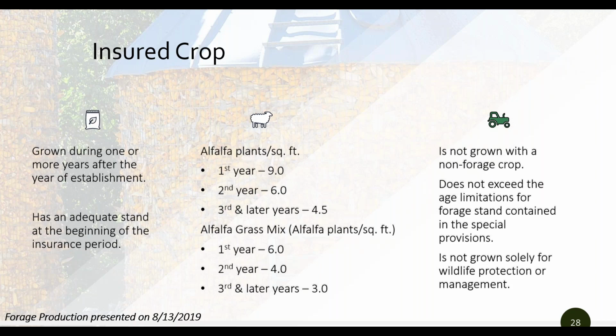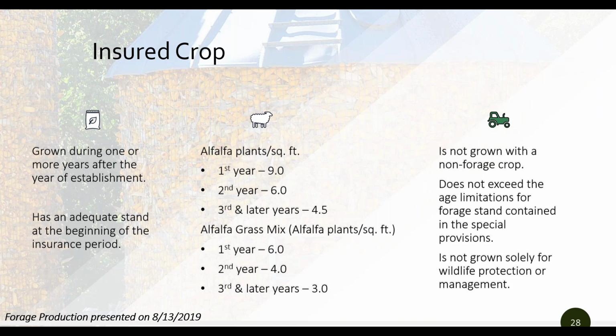Well, an adequate stand for pure alfalfa or an alfalfa mixture that's more than 60% of the ground cover, the first year after the year of establishment, you go out and measure so many square feet, divide it out, and if you come up with at least 9 plants per square foot of alfalfa in that first year, it's insurable as alfalfa. The second year, 6 plants per square foot, and the third and later years is 4.5 plants per square foot.